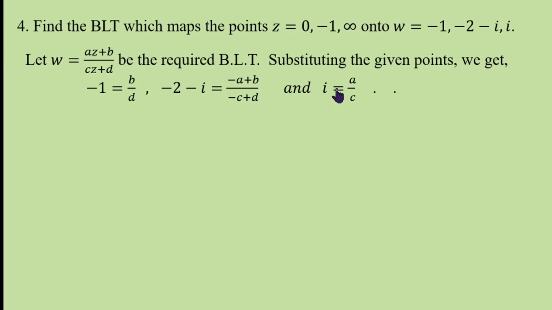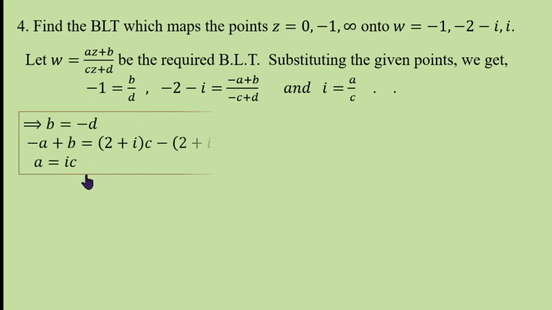And i equal to, Z is infinity, infinity by infinity means just differentiate, A by C. So it is A by C. Or you can write B equal to minus D. Minus A plus B is, take minus sign outside, minus of (2 plus i) into minus C is (2 plus i)C minus (2 plus i) into D. And one more is A equal to i into C.